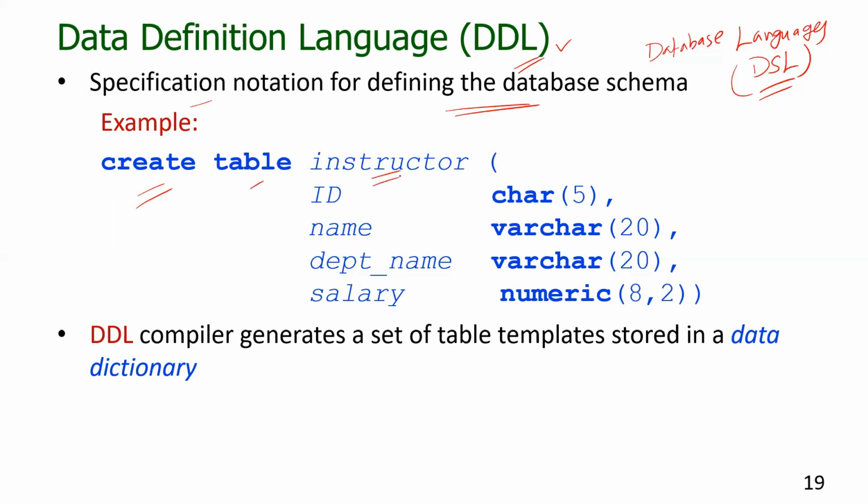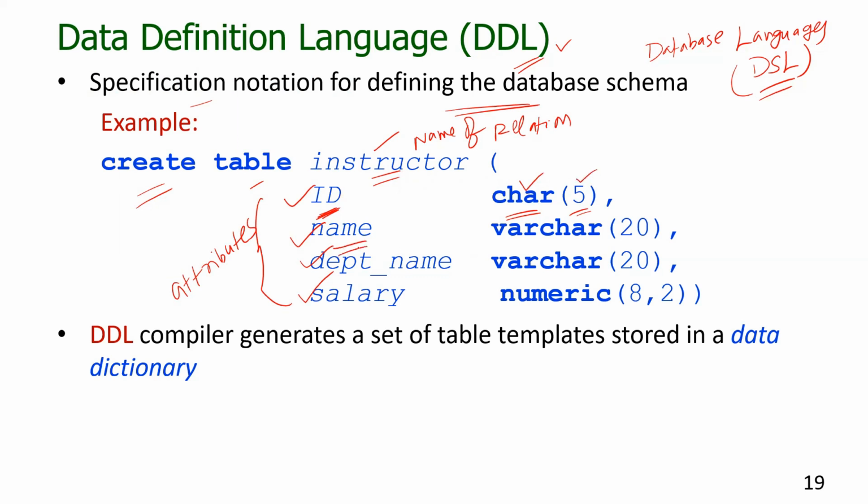What is the syntax for creating a table? Create table, then the table name. Within parentheses, as parameters or arguments, you define the attributes and their data types followed by size. Here instructor is the name of the relation or table. Then ID, name, department name, salary are all attributes of the table instructor. For every attribute, for example ID, the data type is character, and here the length is 5.